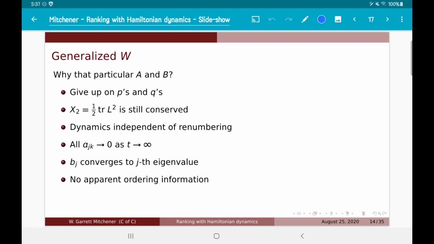There are some drawbacks though. For one thing, it is known that Toda dynamics are essentially equivalent to a sort of continuous time QR factorization. And what happens is that the off-diagonal elements of L, the A_jk's, converge to 0 as time goes forward.